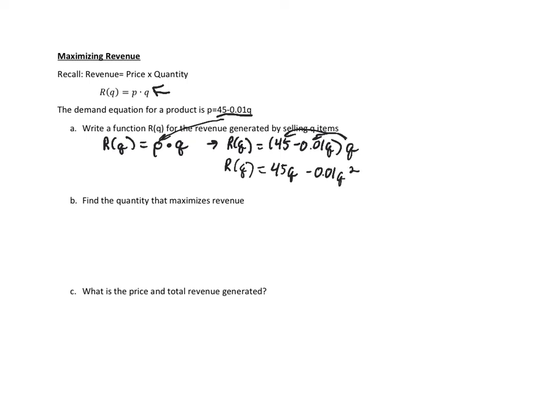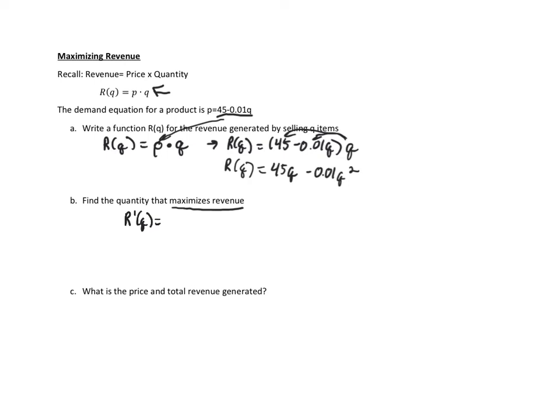So we want to find the quantity that maximizes the revenue. If you recall, we previously showed that maximums and minimums typically correspond to where the derivative equals 0. So what we want to do is take the derivative of R of Q and set it equal to 0. So we want to find R prime of Q and set that equal to 0.